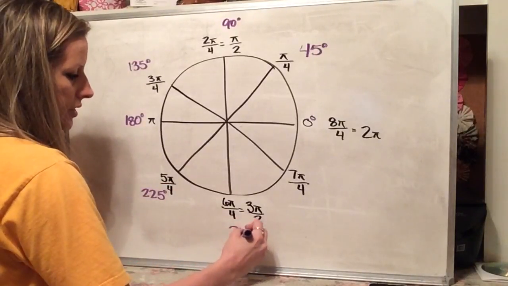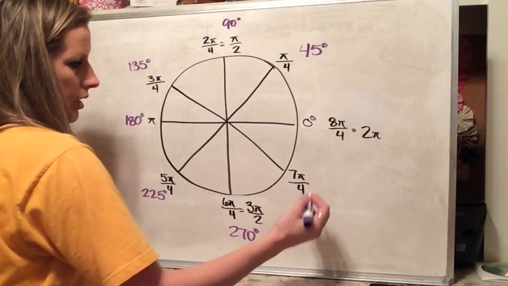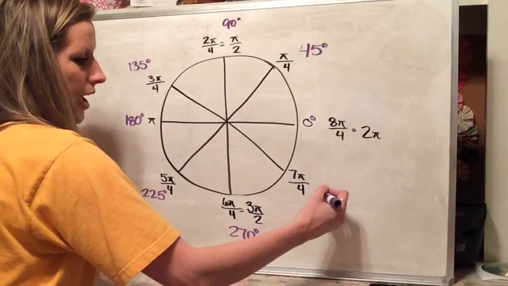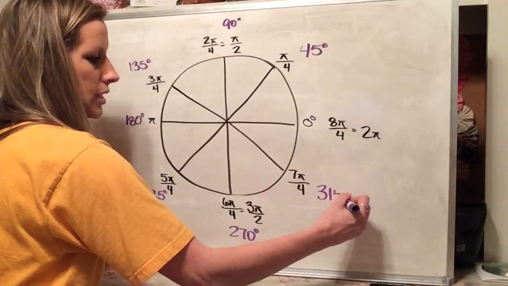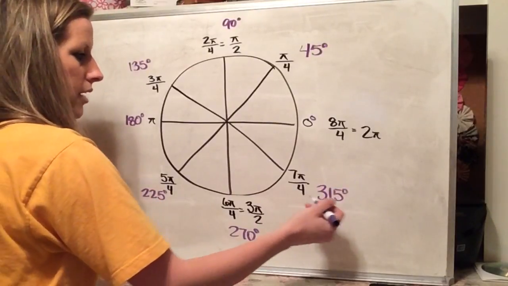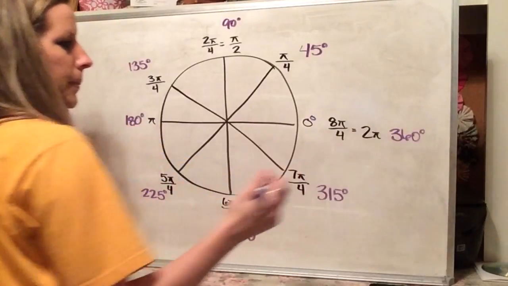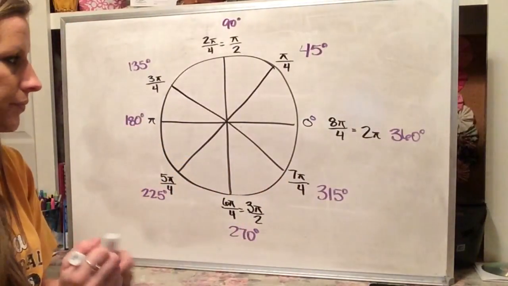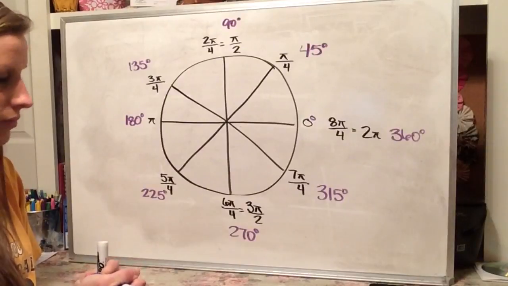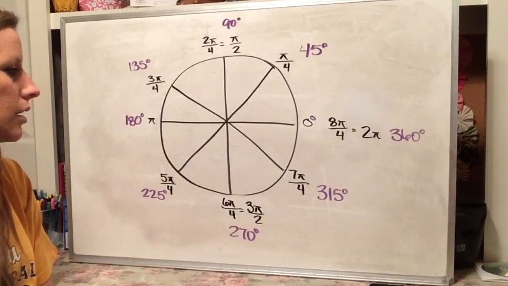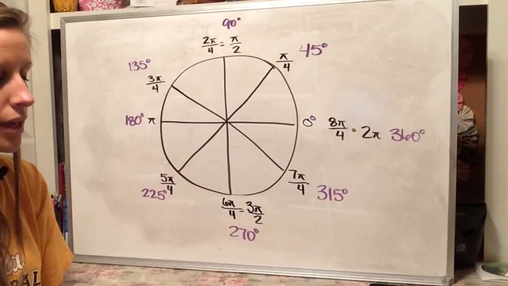Then you have 270 degrees, and if I add 45 here, that would be 315. Add 45 more, and I have 360 degrees. Alright, so that's if you cut it into fourths.